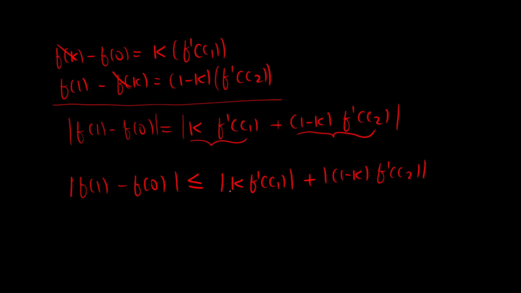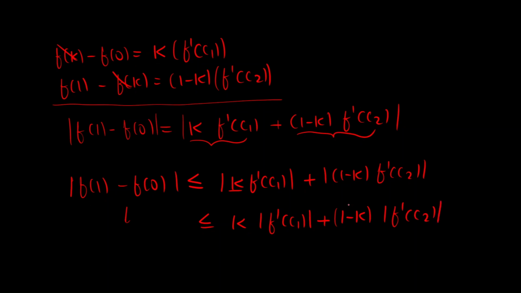Now since k is a greater than 0 quantity, we can take it out of the modulus sign and we'll have this expression less than or equal to k times mod f dash of c1 plus 1 minus k times mod f dash of c2.